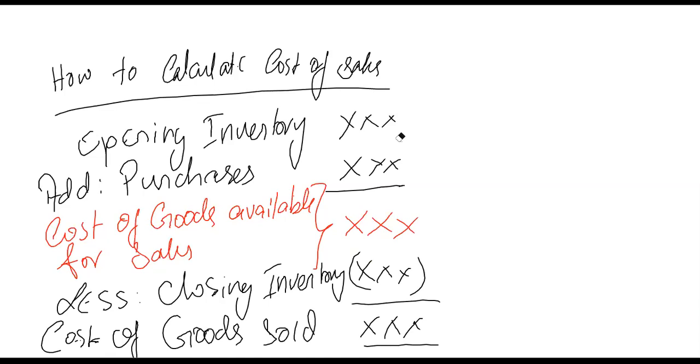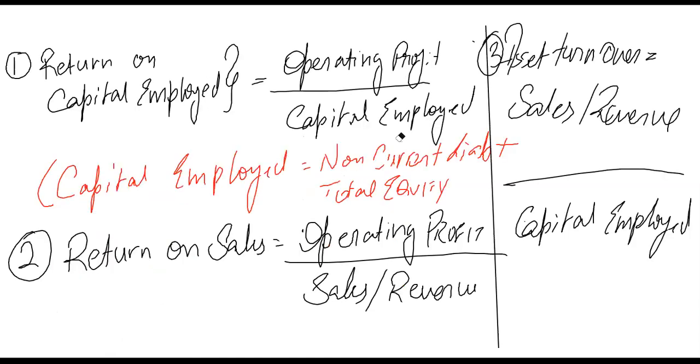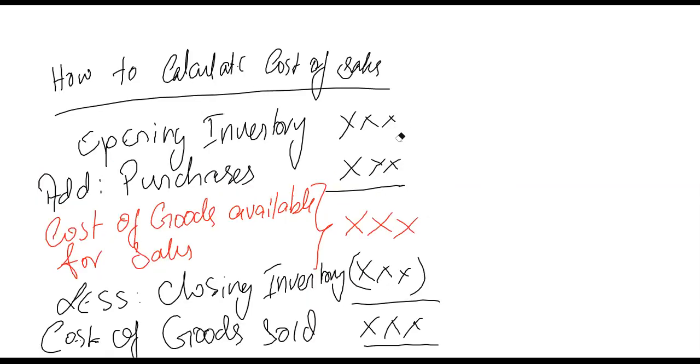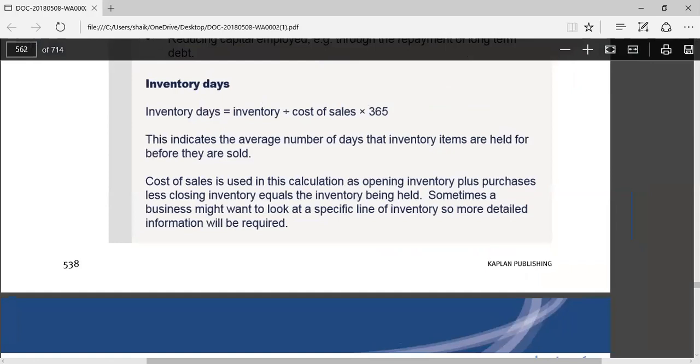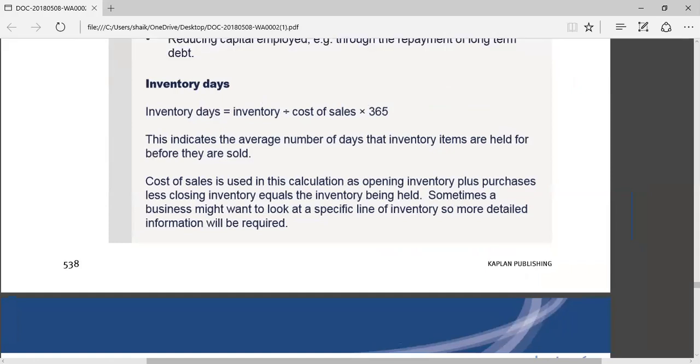Okay? Now, suppose I get a question. What we are discussing right now is calculating the inventory days ratio. Inventory days ratio is calculated by dividing the inventory by cost of goods sold and multiplying it by 365, the number of days in a year.